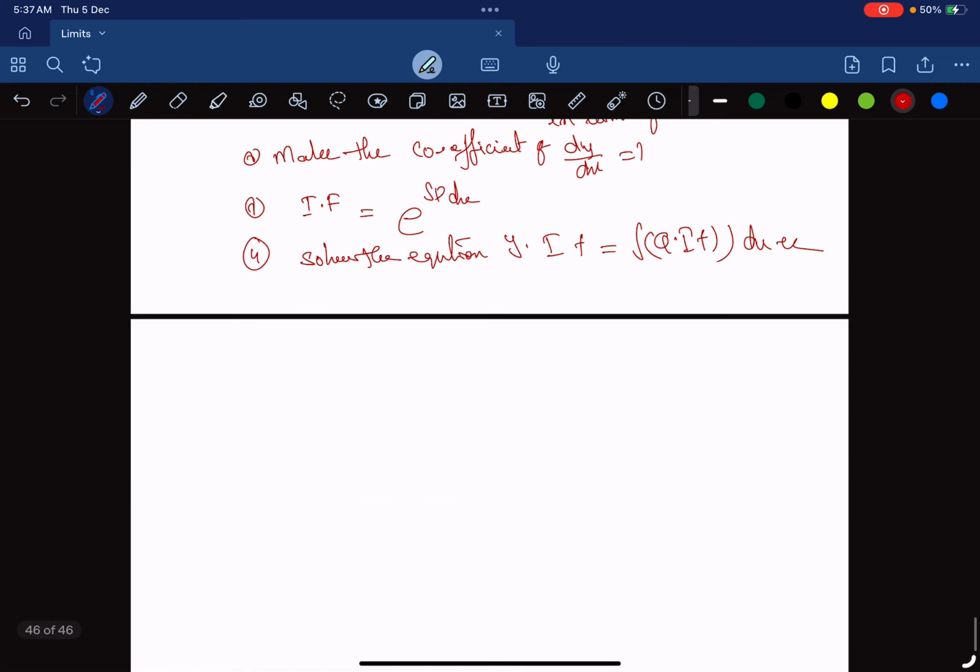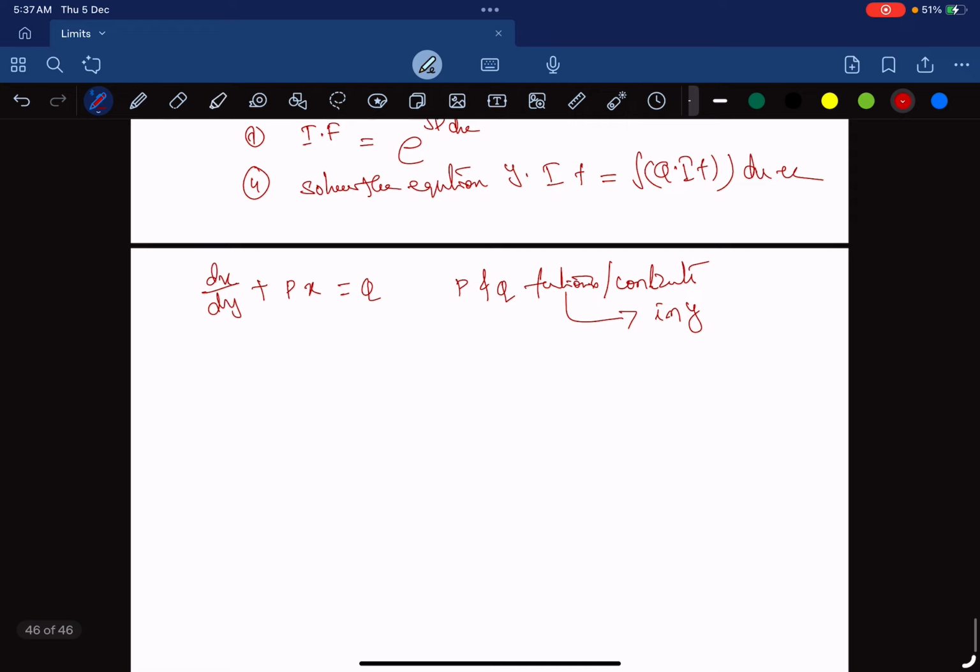If the equation is in the form dx by dy plus px is equal to q, where p and q are functions or constants in terms of y, make the coefficient of dx by dy equal to 1. Find the integrating factor, that is e power integral of p dy.